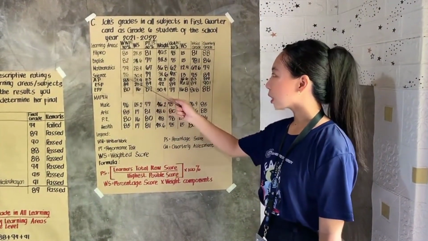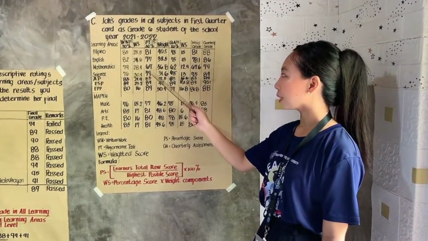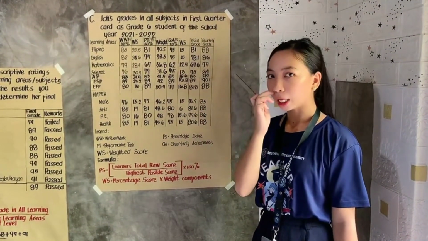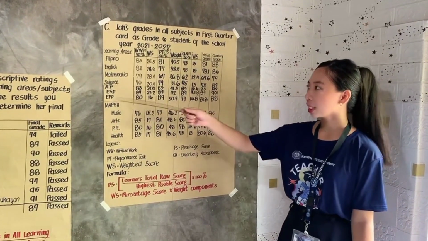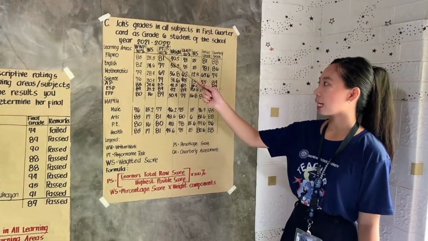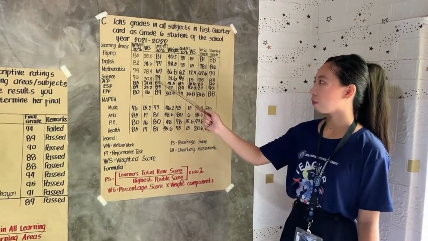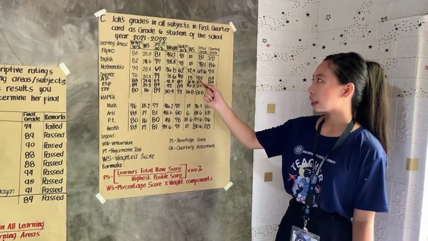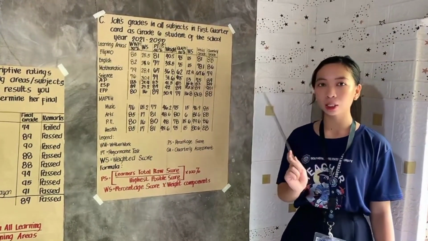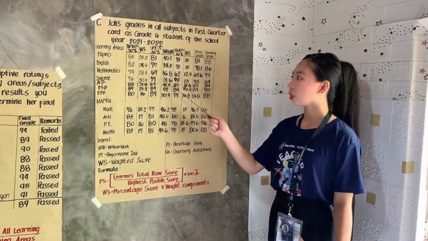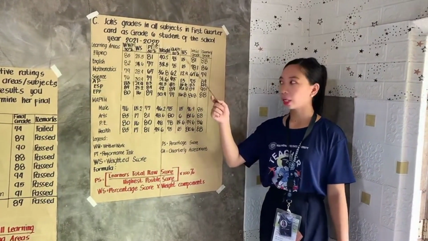In the subject science, the performance task that he got is 79 percentage score, multiplied by 0.50, he got 31.6 as a weighted score.